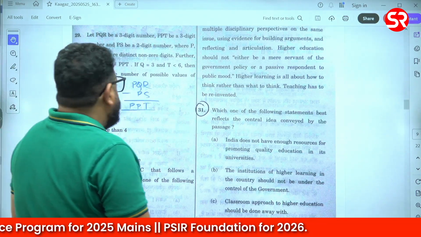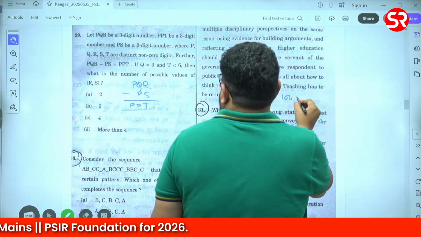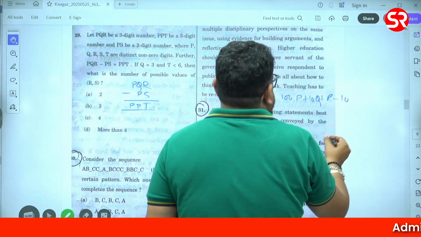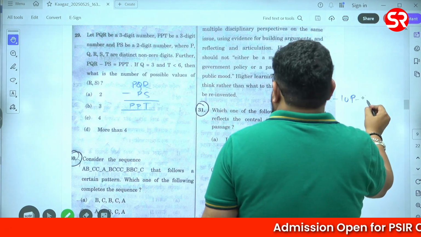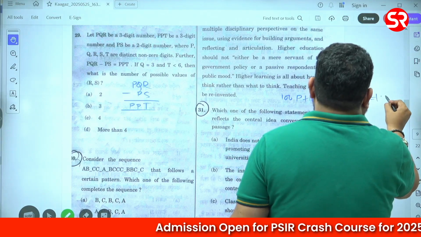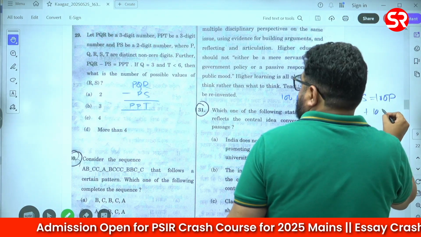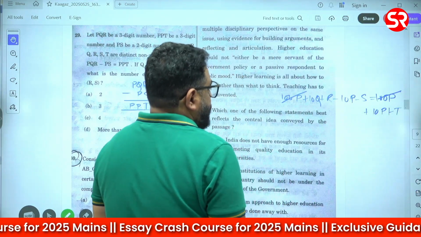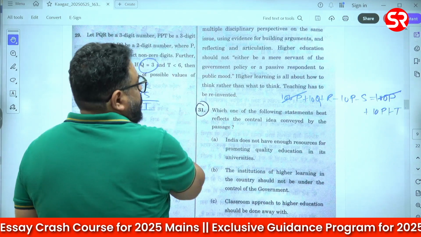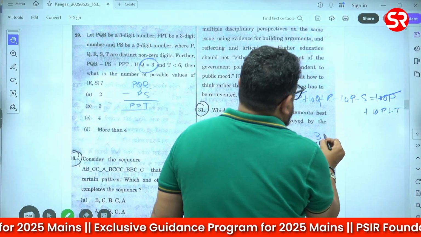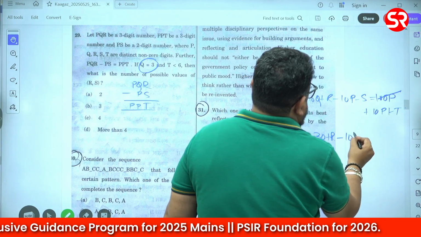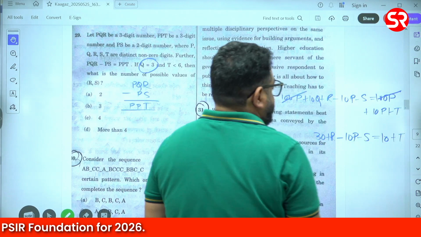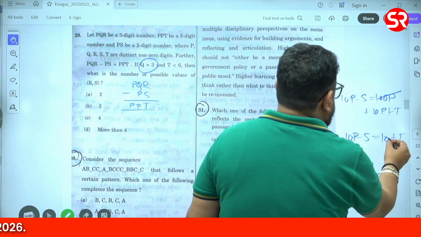And let's see, 100 times P plus 10 times Q plus R minus 10 times P minus S is equal to 100 times P plus 10 times P plus T. So this 100 and 100 cancel out, isn't it? And Q is 3. So ये 30 plus R minus 10P minus S is equal to 10P plus T.